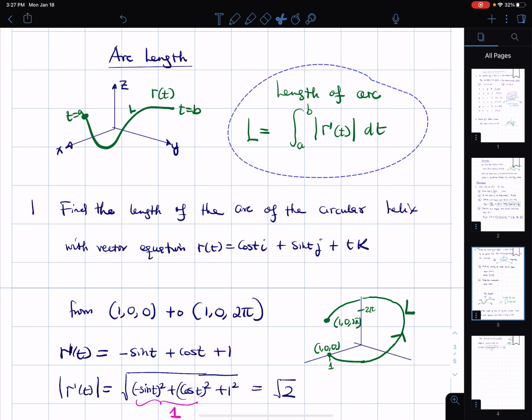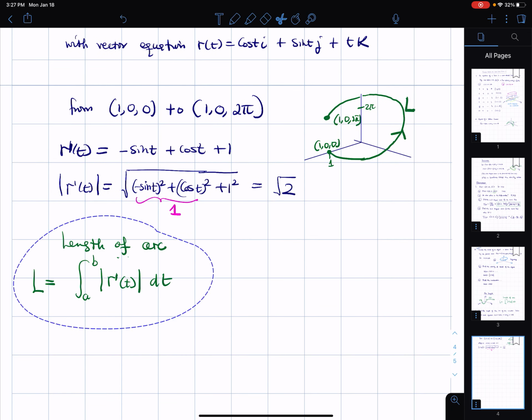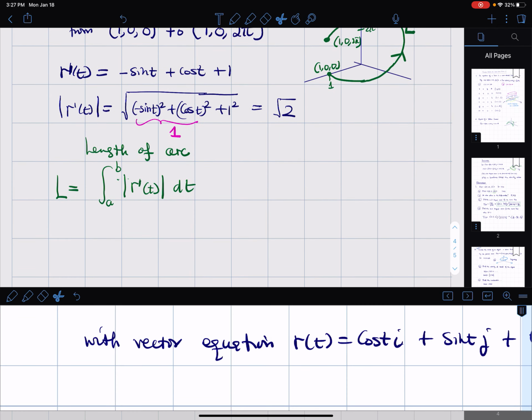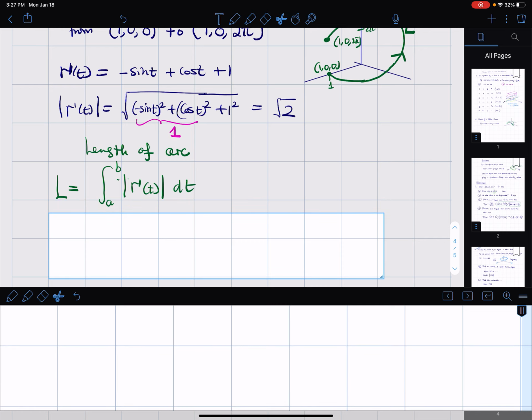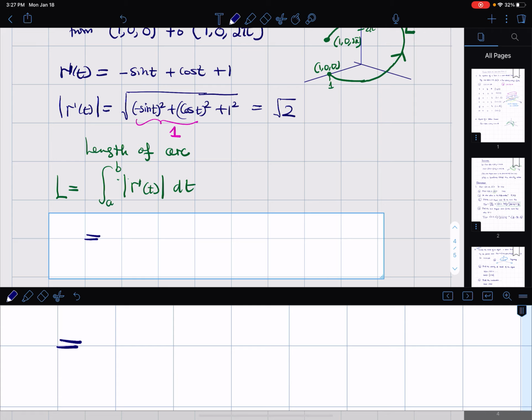Again, let's copy and paste it here. That's good. We already found the magnitude of r prime to be square root of 2. We just need to find our a and b.